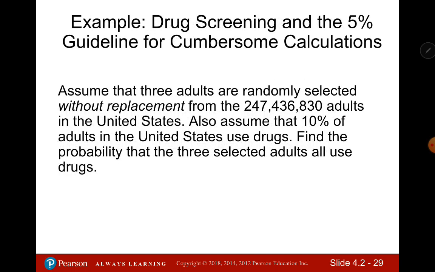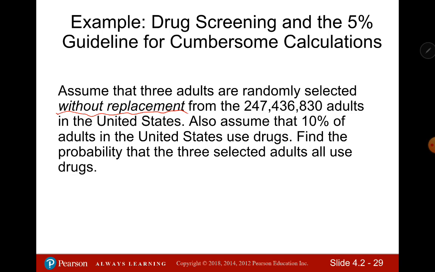Let's check this example. First, we check here. We have the selection without replacement. So basically, without replacement means the selections are dependent on each other.